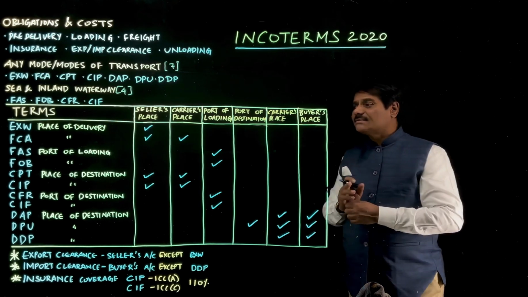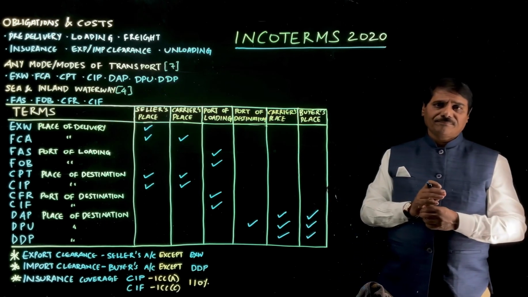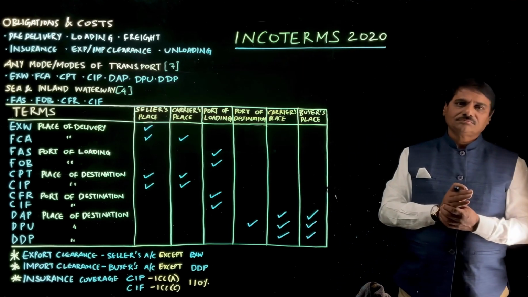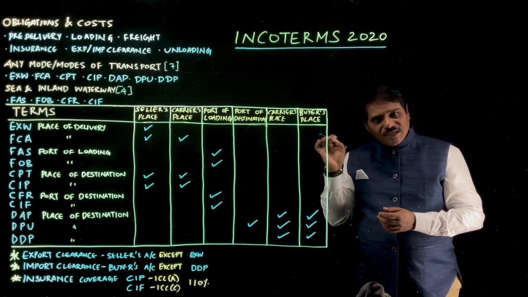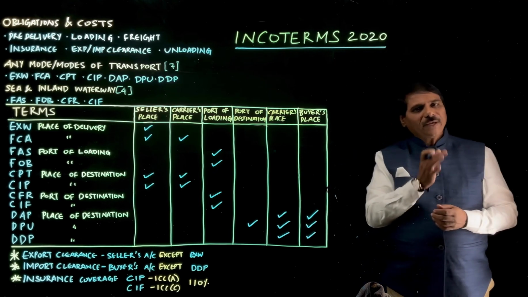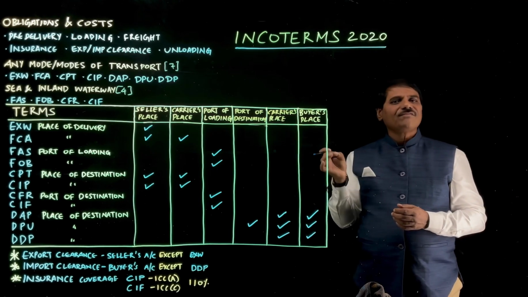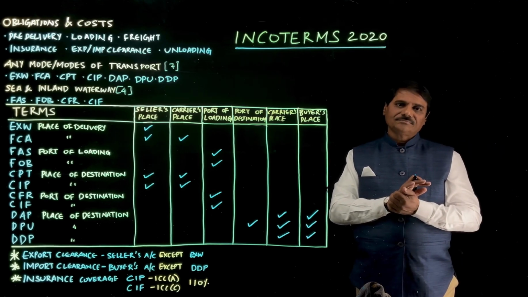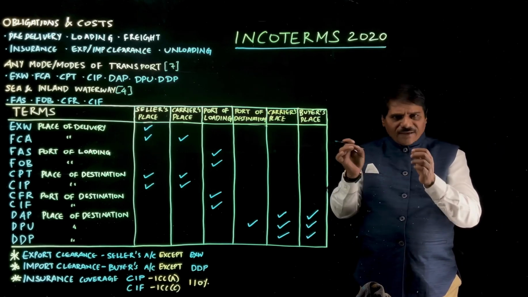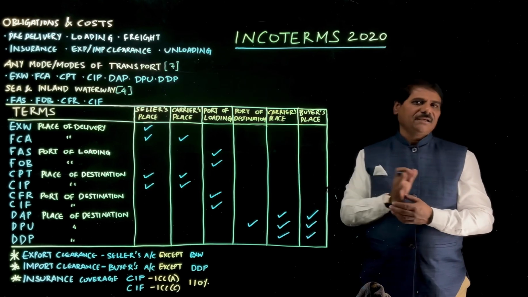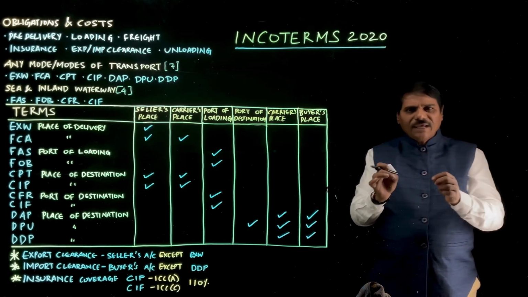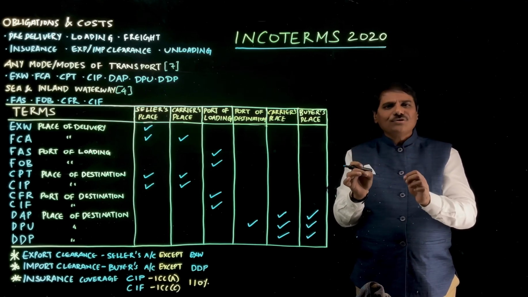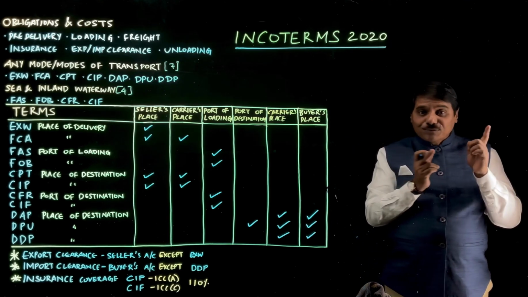The next term is CIP, carriage and insurance paid to. Carriage and insurance paid to Dubai, the place of destination. Destination is Dubai. It is very similar to CPT. The only additional thing is that the seller is responsible to cover the insurance up to the destination.